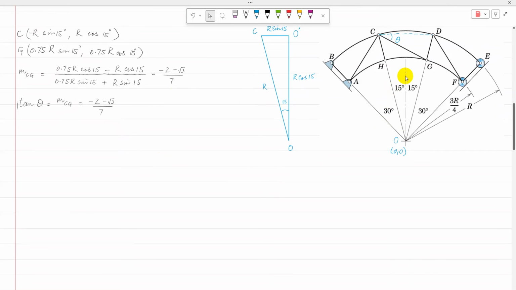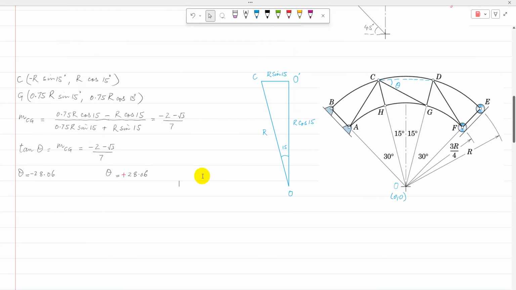Now using the fact that gradient is equal to tan theta, tan theta becomes minus (2 minus root 3) over 7, and theta is equal to tan inverse of minus (2 minus root 3) over 7.